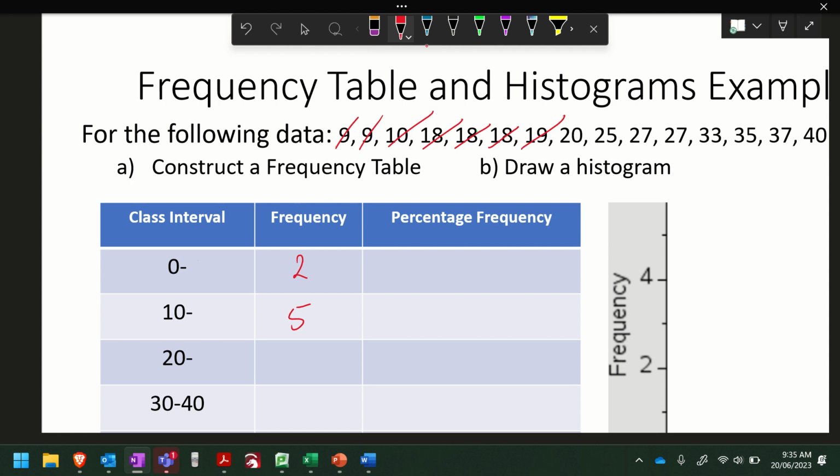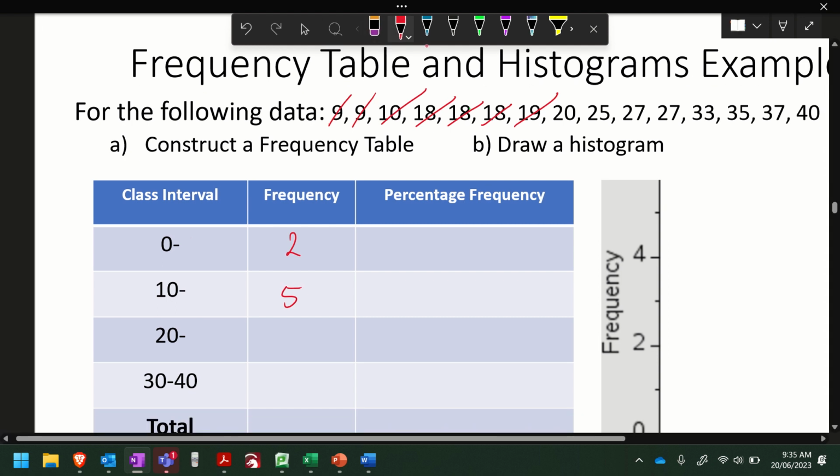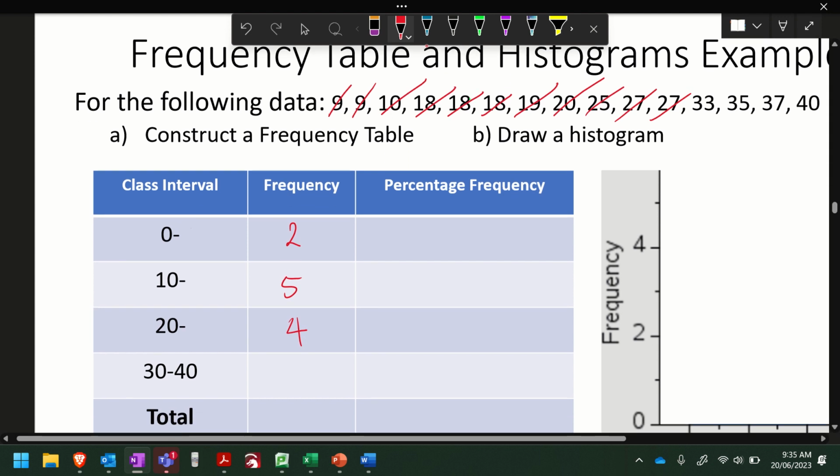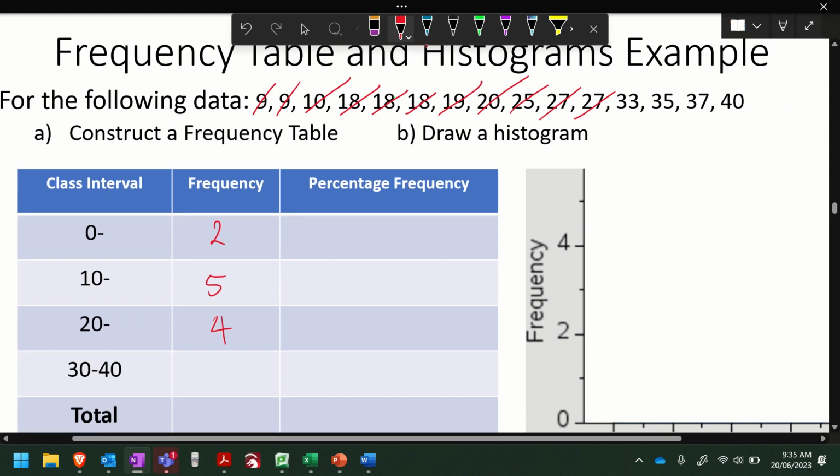There's 5 numbers from 10 to 19. For 20 to 29, you've got 1, 2, 3, 4 numbers. And 30 to 40, you've got 1, 2, 3, 4 numbers.